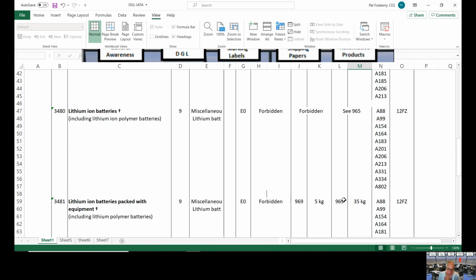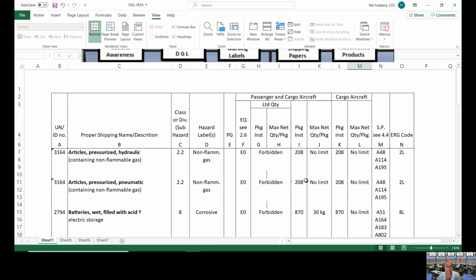What if here? Does this apply? Doesn't it apply? Do I need to look at this column? Don't I need to look at this column? What I really like about the IATA is every column is important, every column is usable, and every column gives you very specific instructions on where to go.